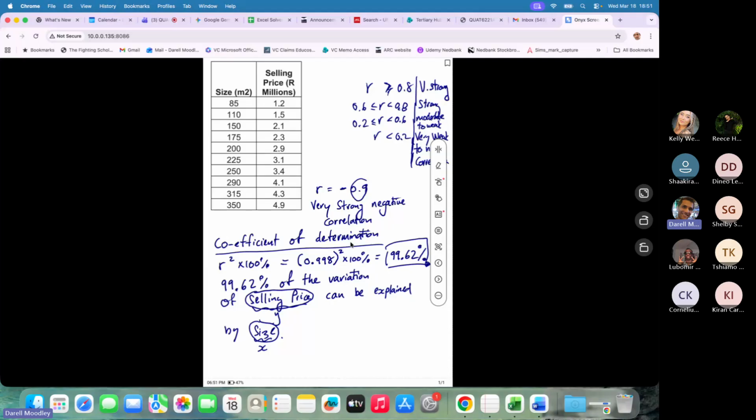So don't just write y. You can write y in brackets if you want, but you must explicitly say what the y is. Here, in my interpretation, I'm telling you that selling price is the y, and that size is the x. So whenever you're providing the interpretation, you must say what your x and your y are. Don't just leave it as x and y.